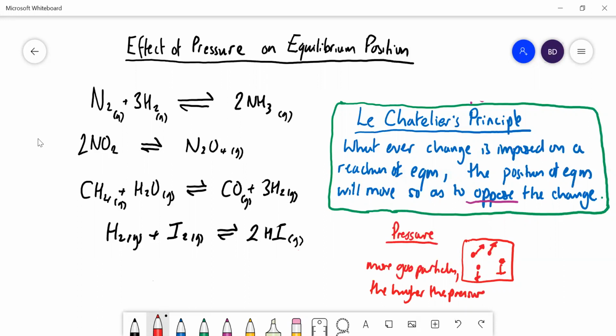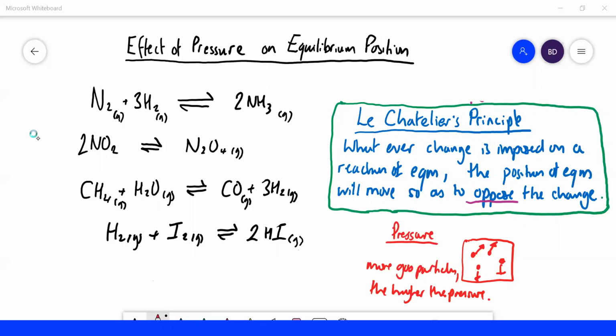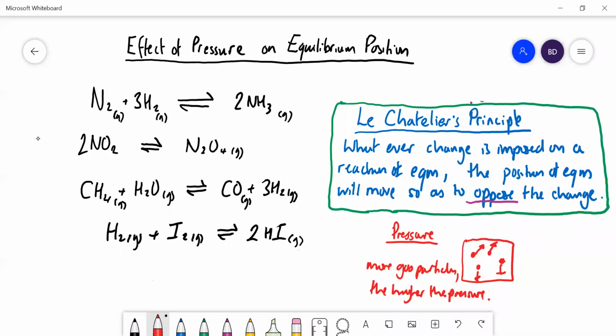Okay, let's see what would happen if we allowed nitrogen and hydrogen to reach equilibrium with ammonia, to form ammonia. So let's think. If we increase the pressure, on the left-hand side we have one molecule of nitrogen and 3 molecules of hydrogen.